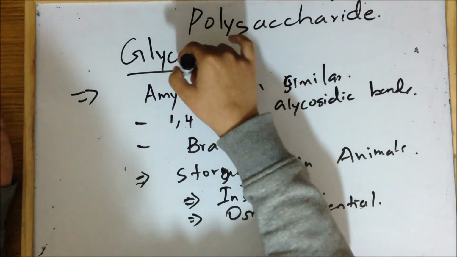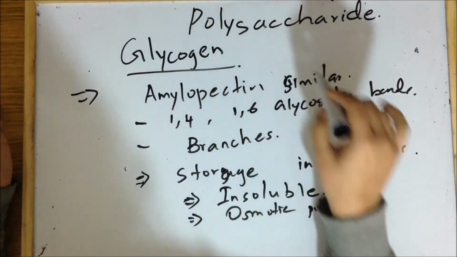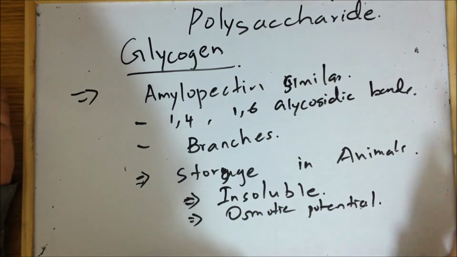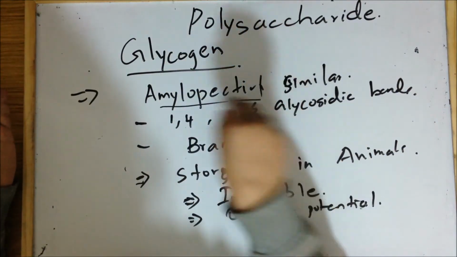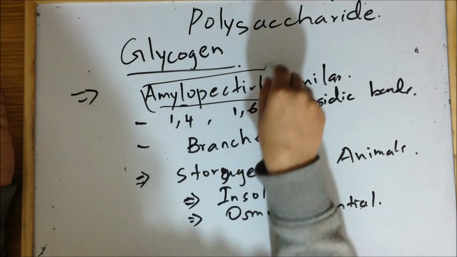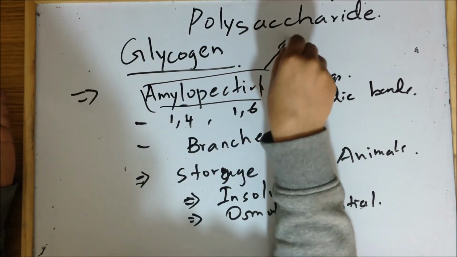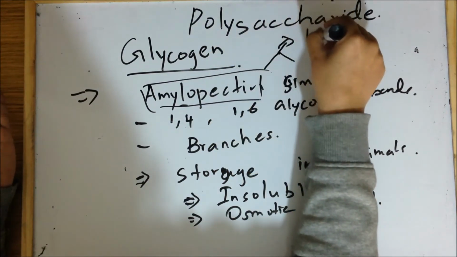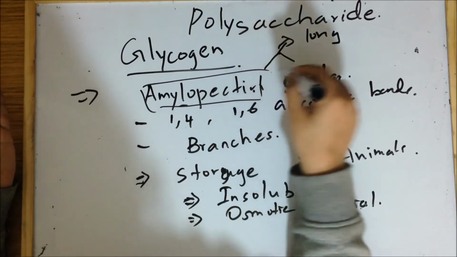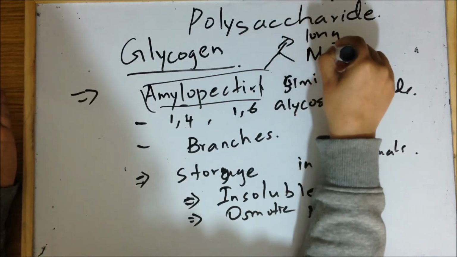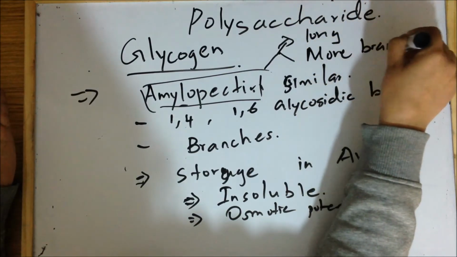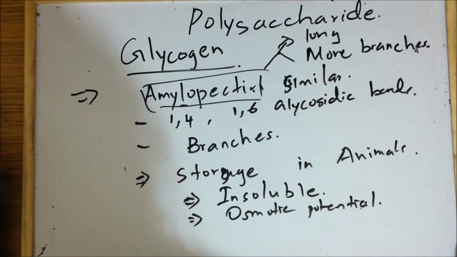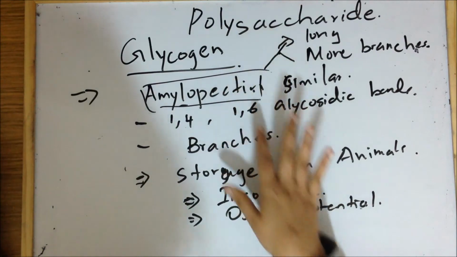Another thing I should say is that it is similar to the structure of amylopectin. How we can differentiate amylopectin from glycogen: glycogen is very long compared to amylopectin, and it has more branches than amylopectin. That's the basic difference between glycogen and amylopectin.